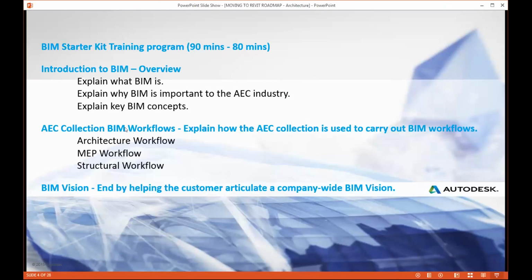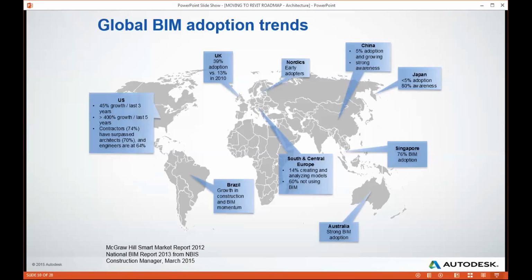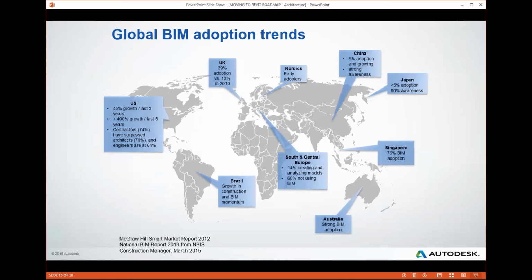Yes. So we need to explain why BIM is important to the AEC industry. Now, you've explained to them the benefits they will get by keying into BIM. But then you need to tell them what the world is doing so that they know that we're not just coming to meet you and say, oh, this is what you need to start using.